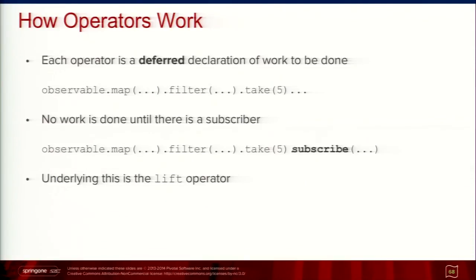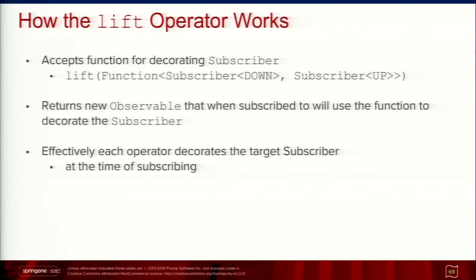And underneath all that is the lift operator. That's what makes it happen. And lift is basically a function which decorates a subscriber. Essentially, in order to defer the application of these different functions, we can provide a function which will decorate a subscriber.